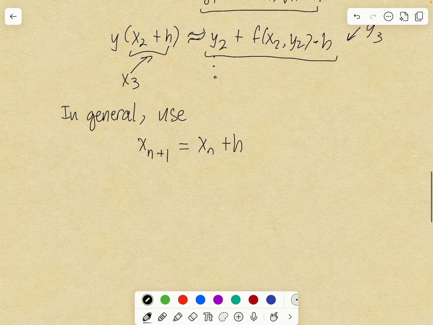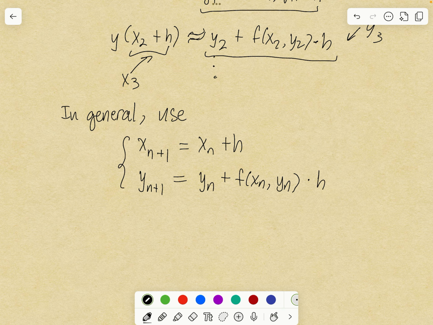And also the y values: y sub n plus 1 is going to be your previous y value, y sub n, plus the change in y, and that's f of x sub n, y sub n, so that's your y prime, right, times h. So these are the equations that you use in Euler's method. So let's put this in the box.